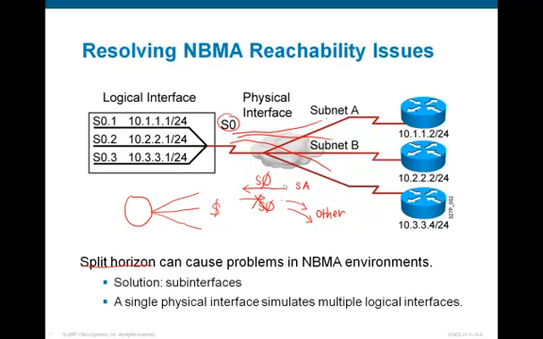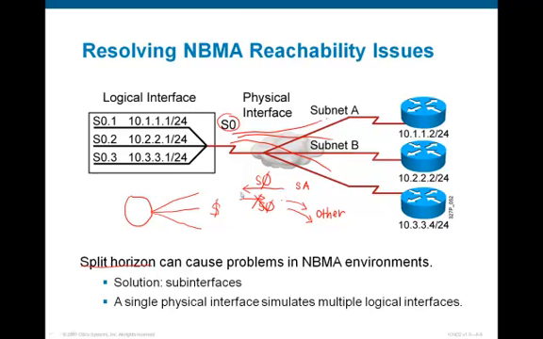And split horizon says that a route coming in from S0, one interface, will not be allowed to flow back out the same interface. So even though you are trying to reach other circuits through S0, not going back to the same circuit, split horizon doesn't see the difference.